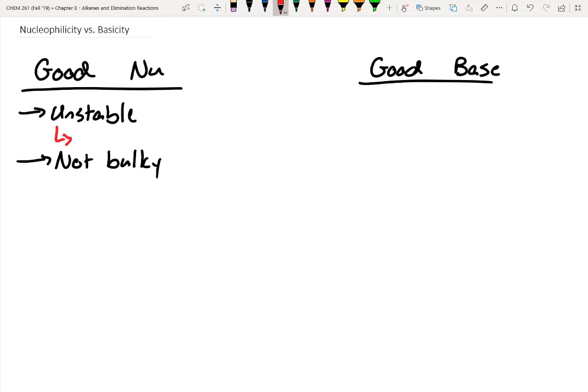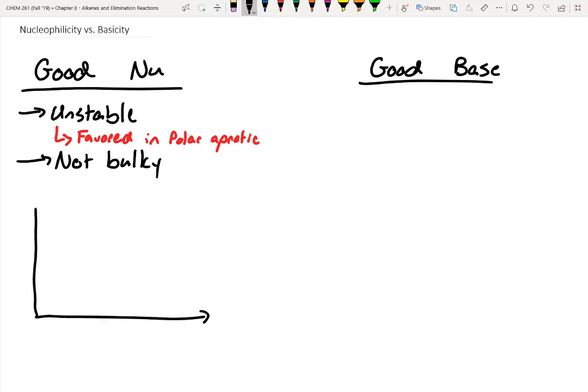So if we think about a good nucleophile, is it favored in polar protic or aprotic solvents? Okay. Right, because that destabilizes our nucleophile, makes it a better nucleophile. All right, let's consider our reaction coordinate diagrams.